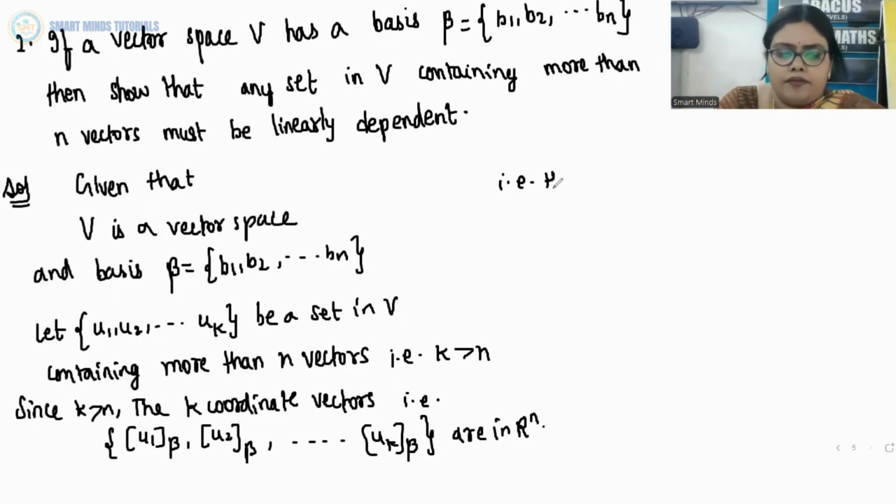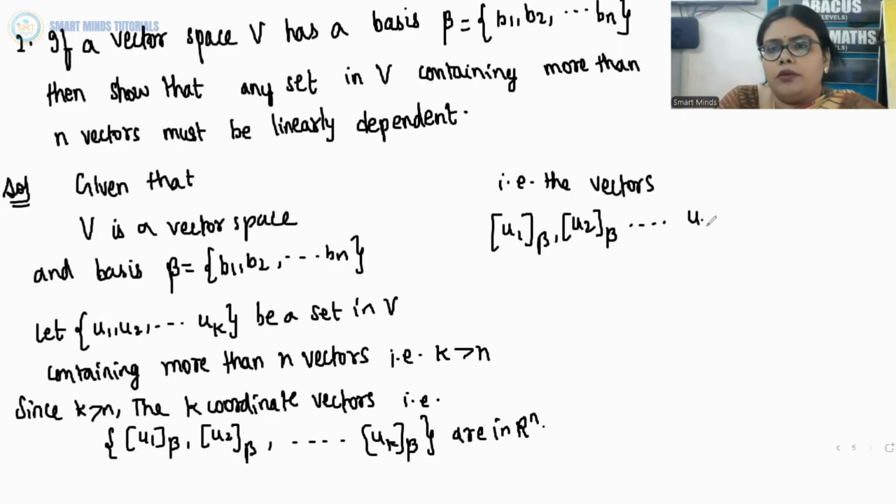That is the vectors U1 beta, U2 beta, so on up to UK beta are linearly dependent.